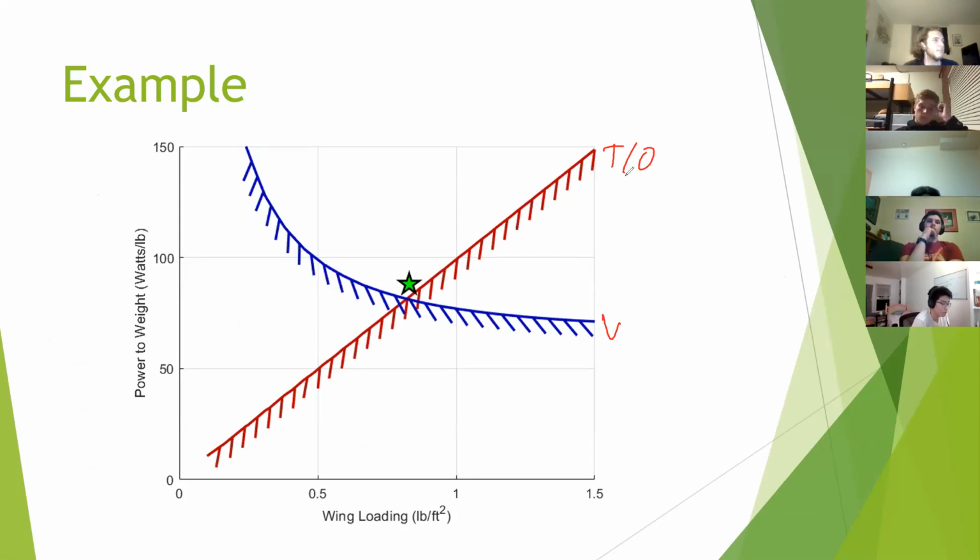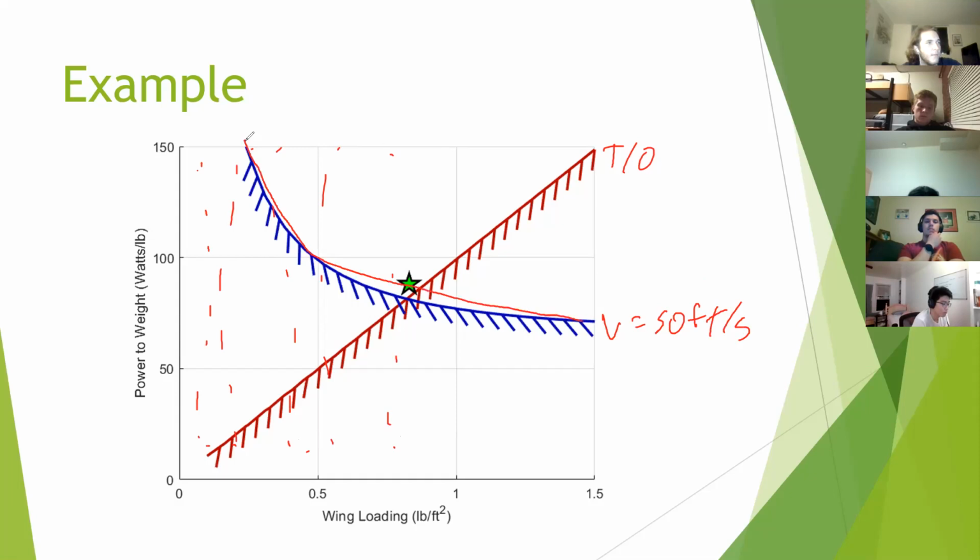I don't know what speed it was, but they set some speed, maybe something like 50 feet per second. And at every point in this entire grid, they calculated that speed, and then they connected all the points where that speed was 50. And that's a constraint. So if you want to be faster than 50 feet per second, you have to be somewhere up here.